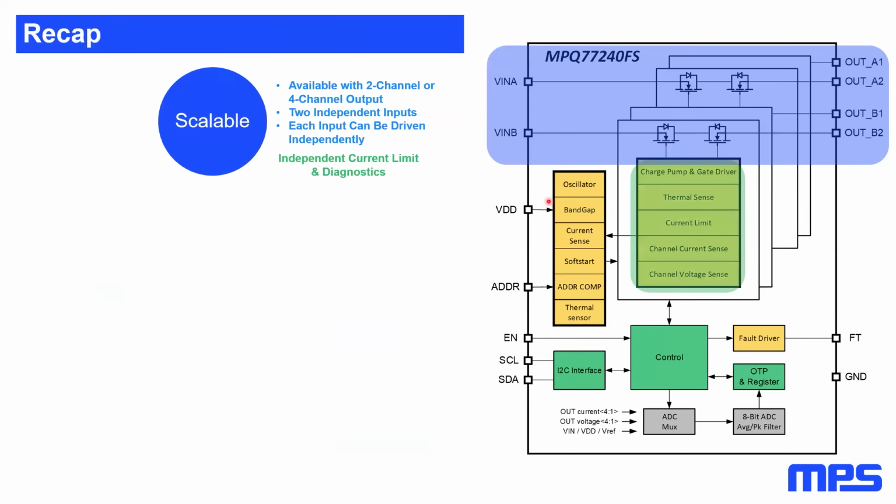Let's recap. First, the solution we are providing is going to answer the scalability problem, because we have two-channel or four-channel outputs, and each channel is independent. Second, we have the independent current limit and the diagnostics.